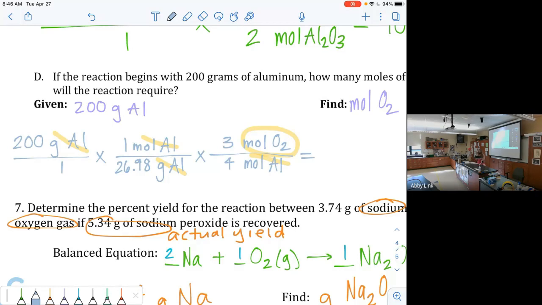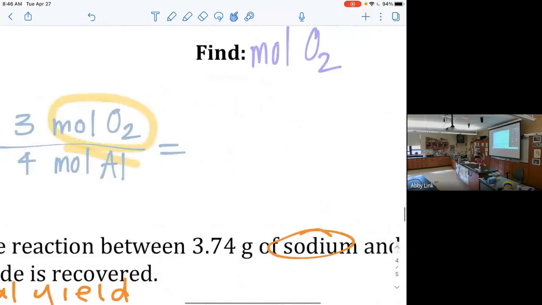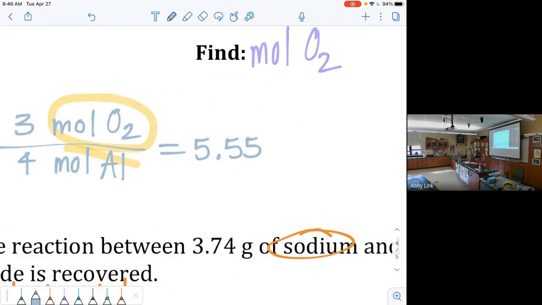All right, let's do this math here. So 200 times 3 divided by 26.98 divided by 4. Well, we're looking for actually one sig fig here. That's annoying. So we end up with, let me write down a little bit of what the calculator tells me, 5.556738 32.